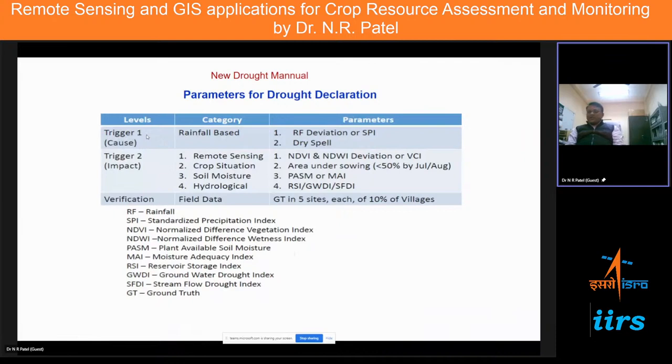Suppose we are doing it for August, then it is the standardized deviation in the rainfall of the August month and the previous 2 months in comparison to the normal. That is called SPI, the standardized precipitation index. These are useful indicators for deriving whether a drought is there or not.